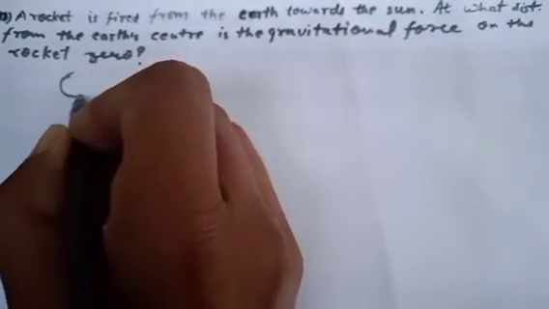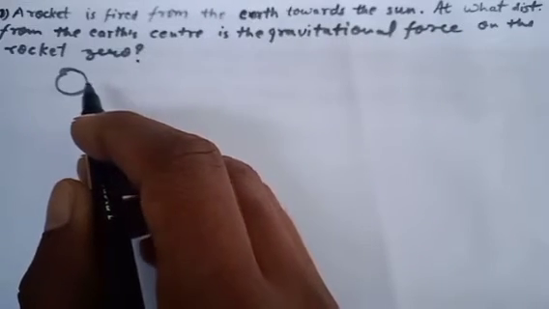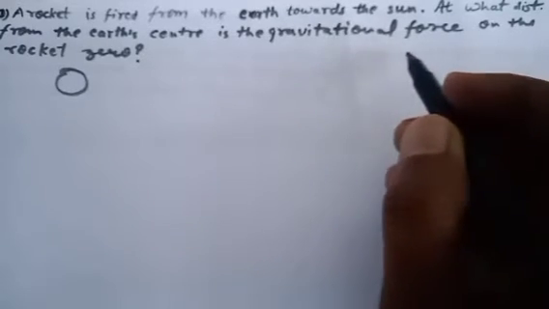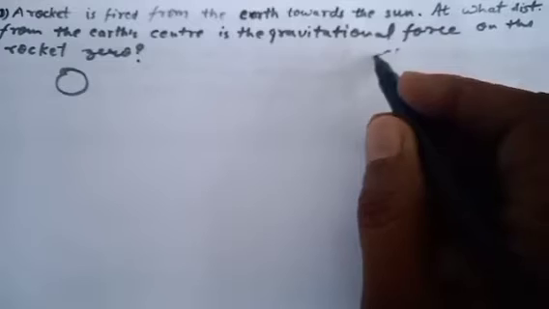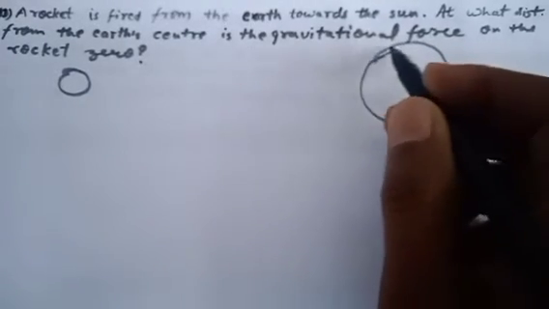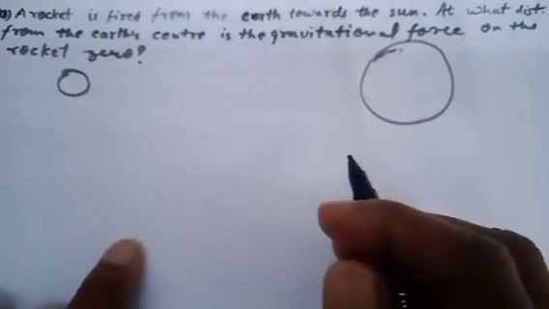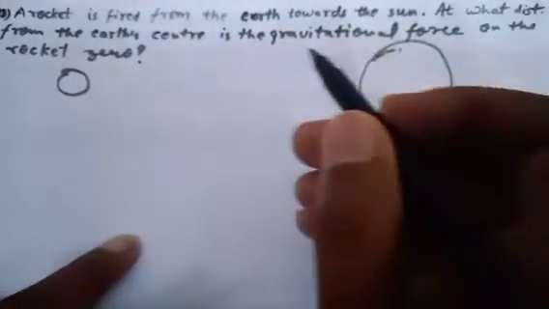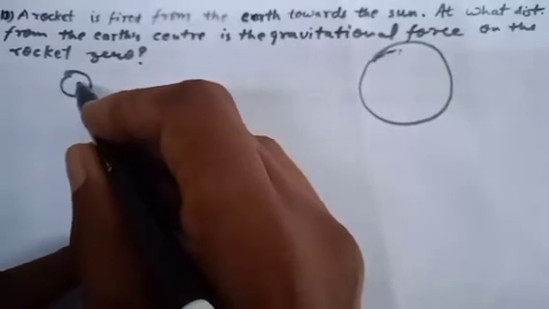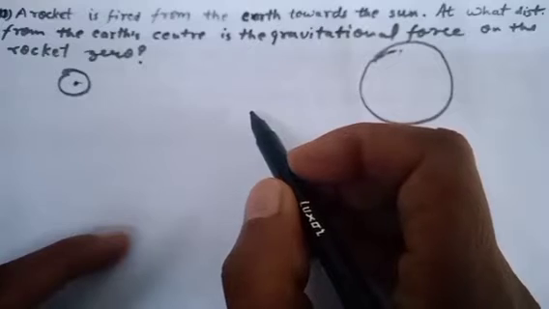This is the Earth and it is fired toward the Sun. In such questions, we have to neglect the influence of other planets. So let us suppose this is the entire situation. They are asking at what distance from the center of Earth the gravitational force on the rocket is zero.